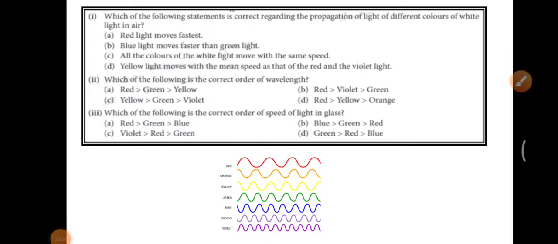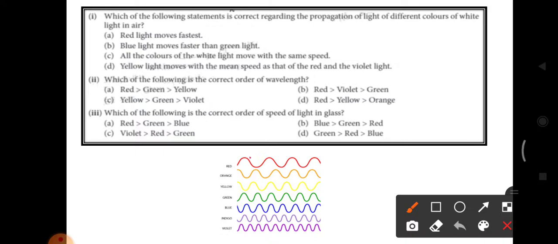In question number 2, which of the following is the correct order of wavelength? See, red is the maximum wavelength and violet is the minimum wavelength. They have given the orders. You have to find out which order is correct.